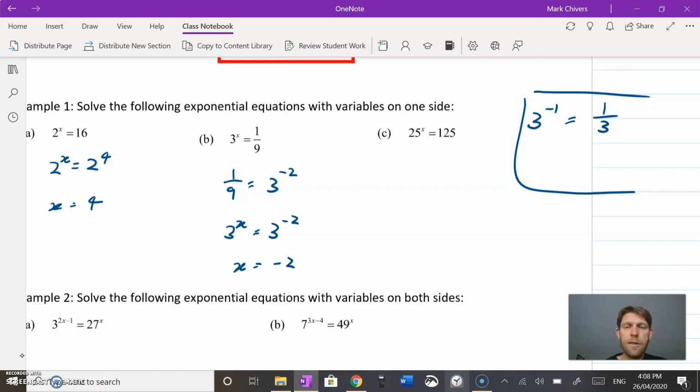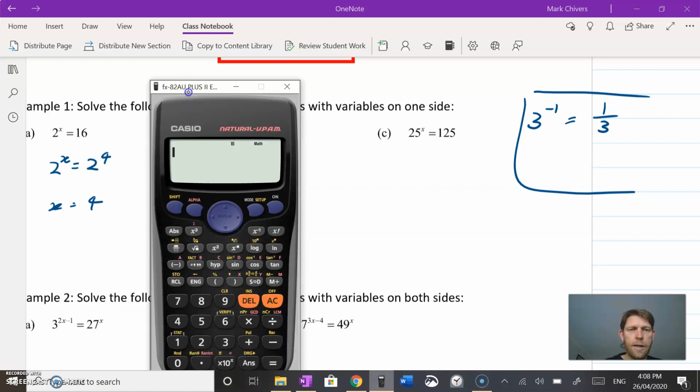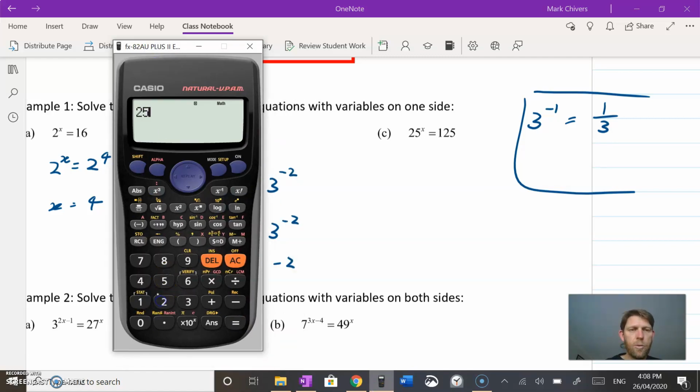Now in the next case, we've got 25 to the power of x equals 125. Now if I put 25 to any integer power, it's going to go well past 125. Just to demonstrate that, there's my calculator there. Just 25 squared is going to get us well up to 625, so that's way too far.